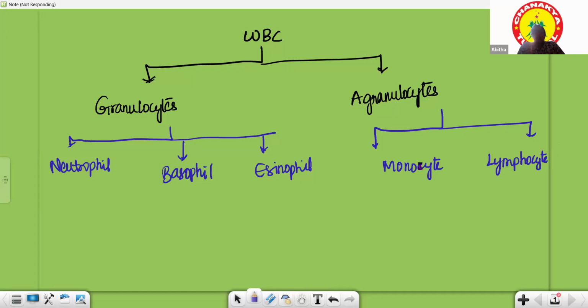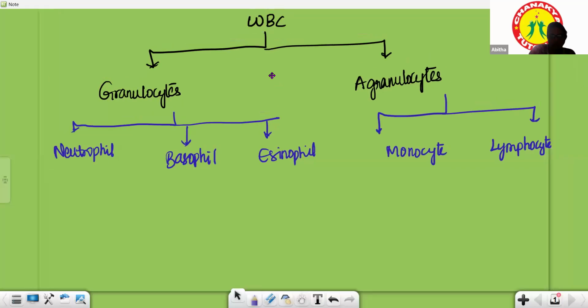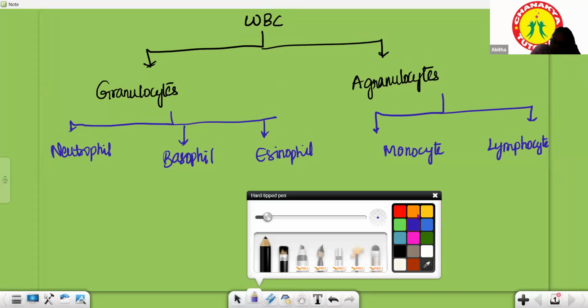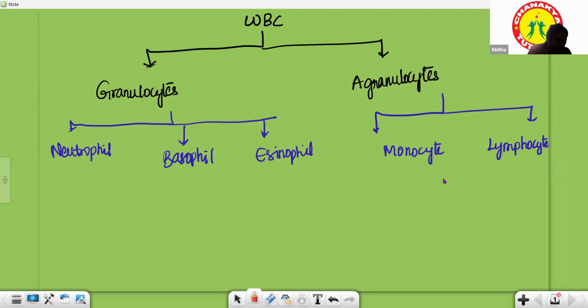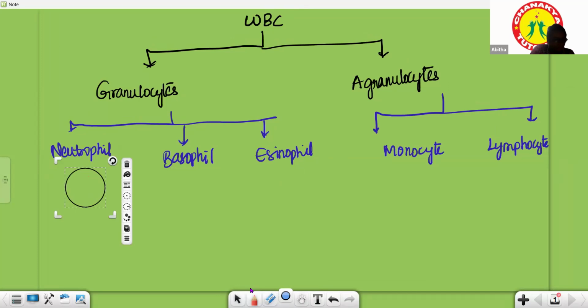So this is the classification of WBC. In WBC, these are present. So let's discuss each one. Coming to the neutrophil. Neutrophils have a multi-lobed nucleus. If you see the structure of a neutrophil, let me show it.